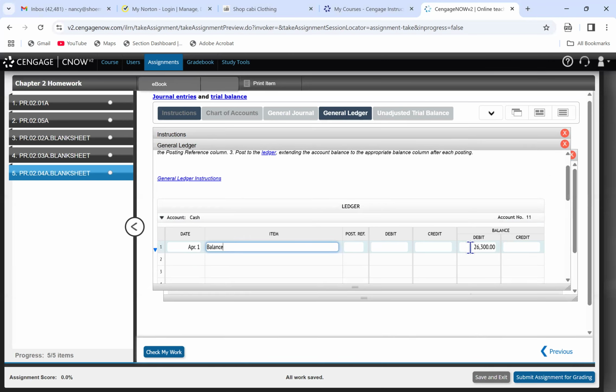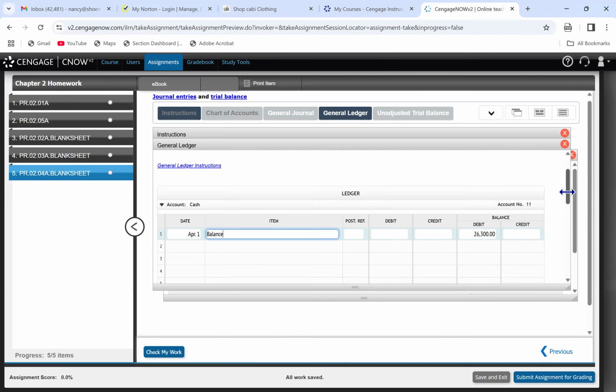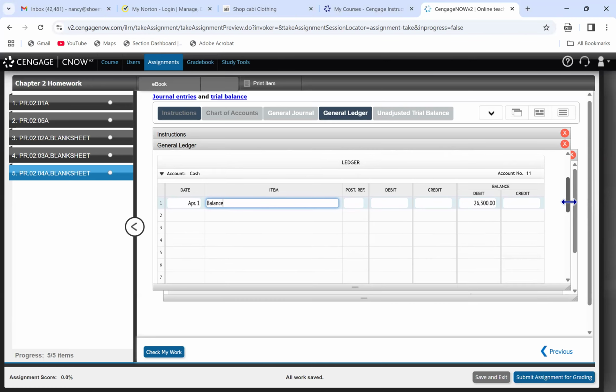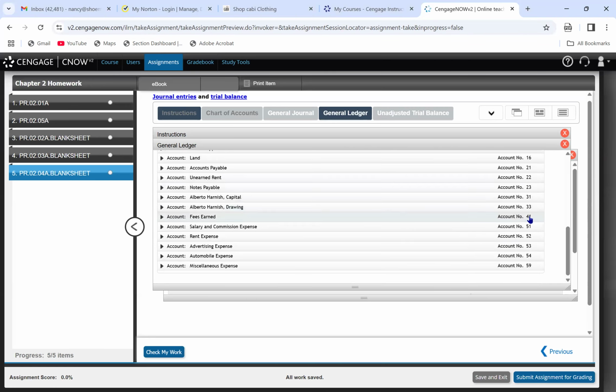If it was a debit, meaning assets, expenses, or drawing, I put it in the debit. If it is revenues, liabilities, or owner's capital, I'll put it in the credit section. So we'll do that with each one of these.